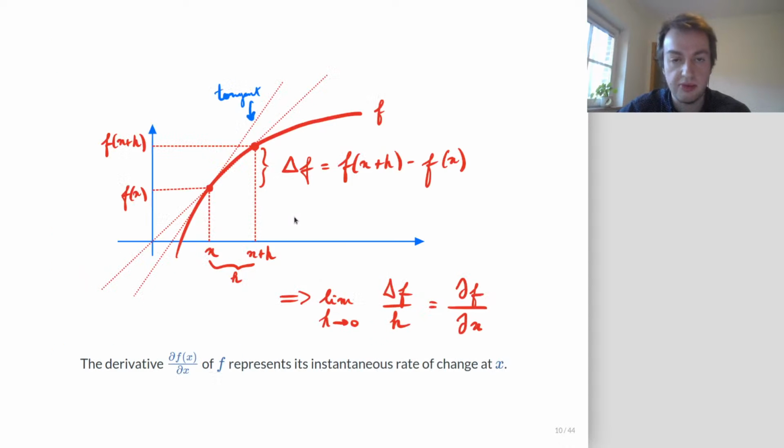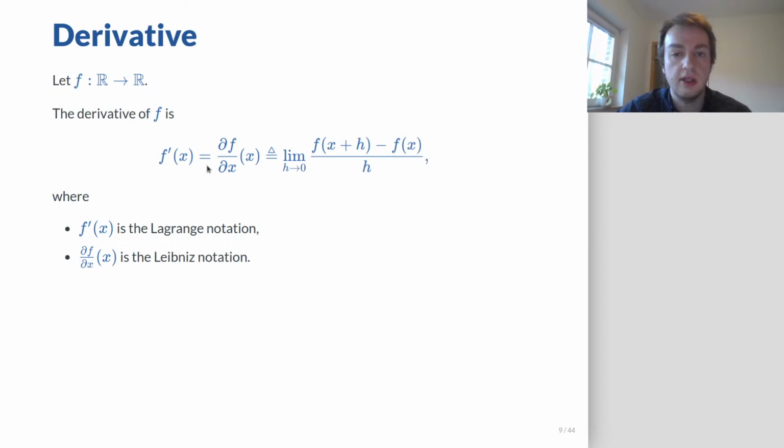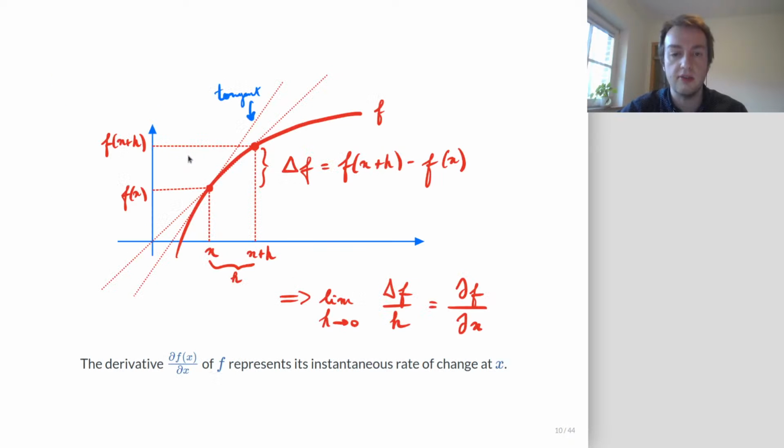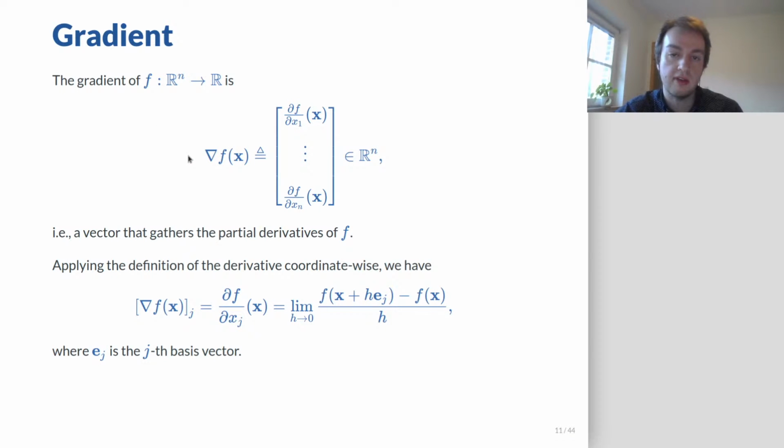So it's as if we were just considering a bunch of derivatives, one for each one of the arguments, and we say that, okay, for example, if we look at x at the first argument, it's as if we were freezing all the others, so x2, x3 to xn, to the values that you pass in x, and then you just look at the derivative of the function with respect to the first one, with respect to the first argument.